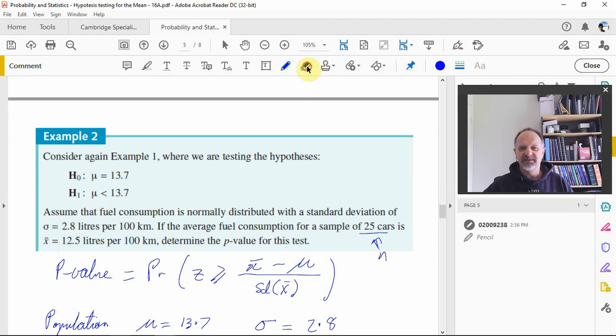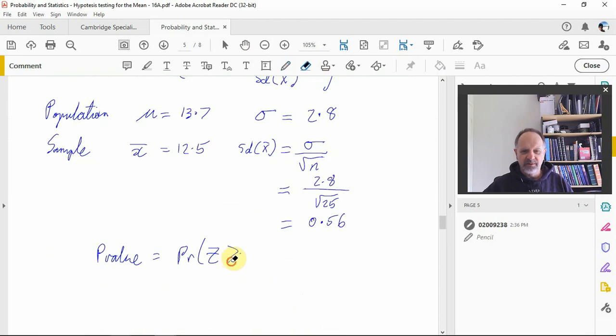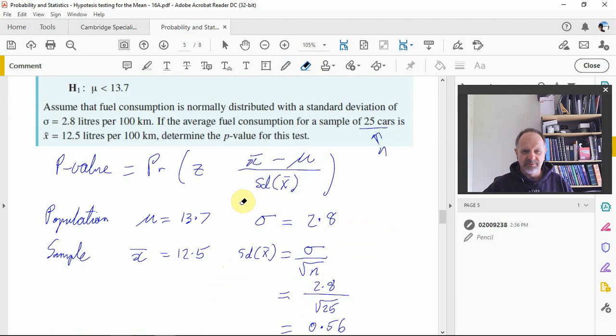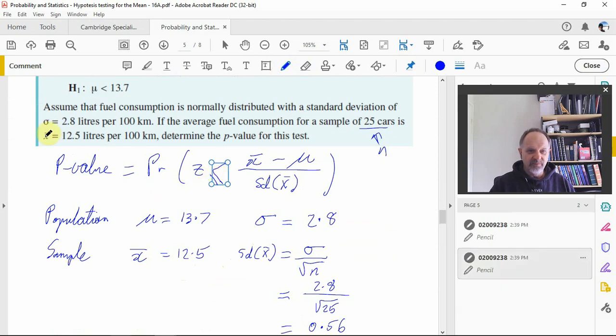So in this particular case, we want to know the probability that this value we've got here is in fact going to be the case.